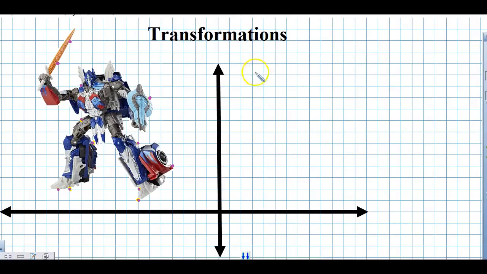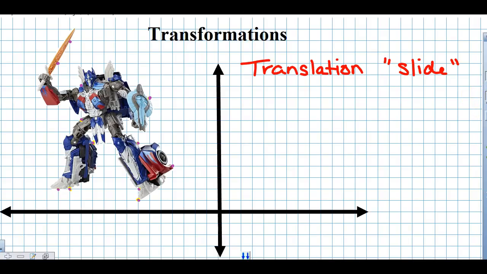So our first transformation, like I was saying, is called a translation. When we translate a figure, we're basically moving it. It's also known as a slide, so we'll just go ahead and call it a slide. So the translation is sliding the figure up, down, left, right, whichever way.